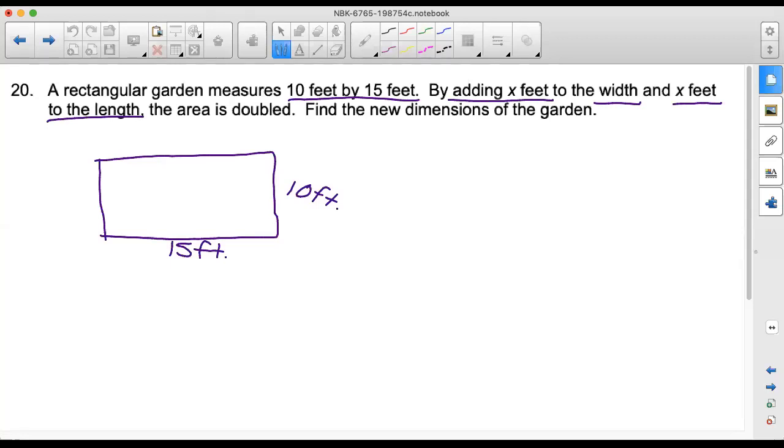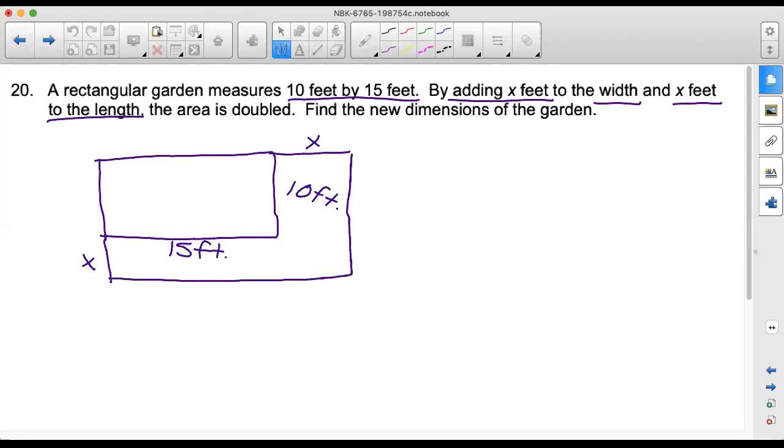So Ava R, how should I draw this diagram? I'm adding the same length to both the width and the length. Should there just be an x coming from there and then an x coming from the corner? Yeah.